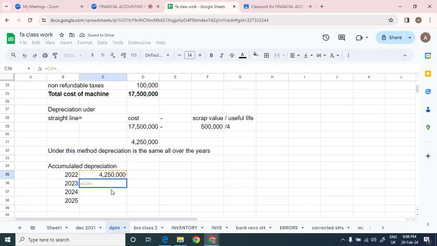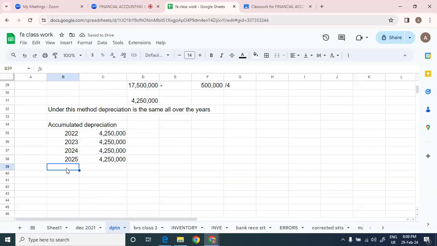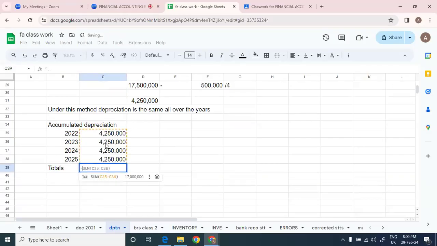It is the same. So you see, when we get the totals, we get 17 million. This means that at the end of the 4th year, this machine will be at a 0 depreciation. That's why I told you at this level, we stop from here.